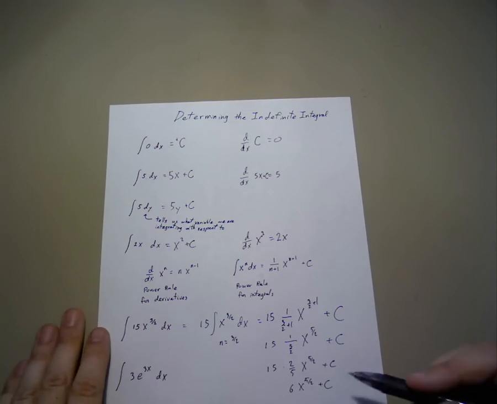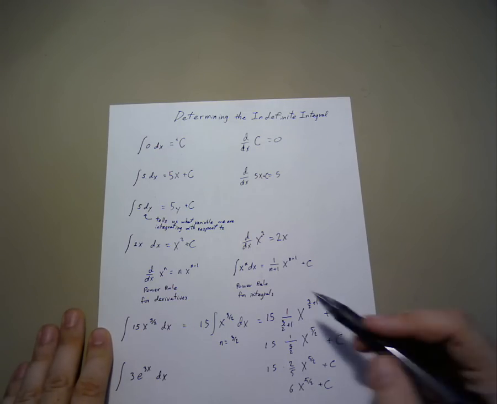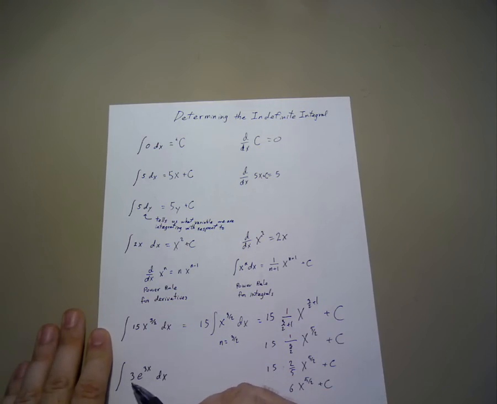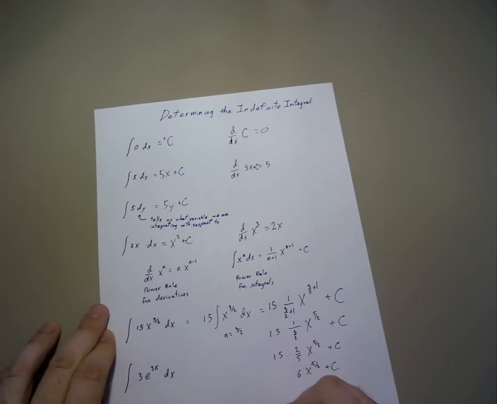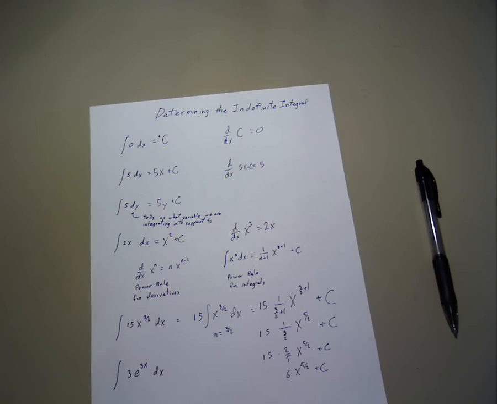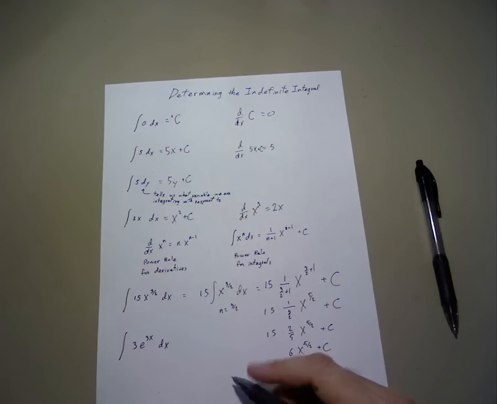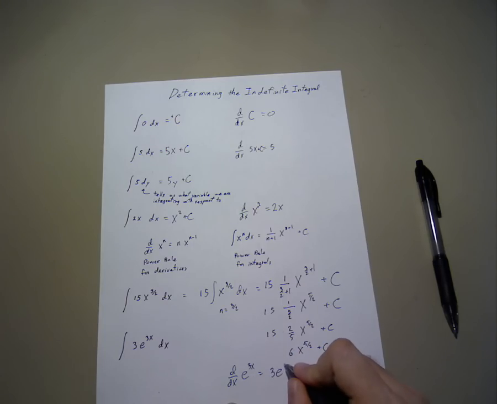Likewise, as our final example, we have 3 times e to the 3x. If we recall, the derivative of e to the 3x is 3e to the 3x.